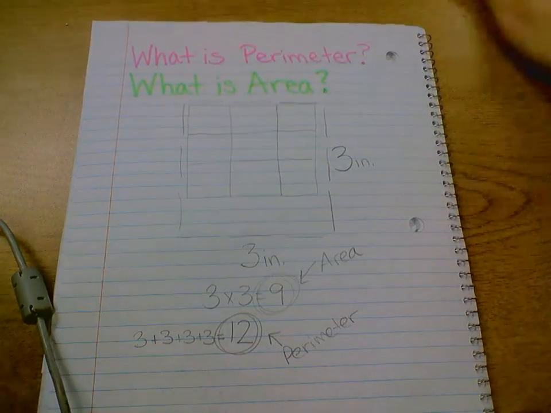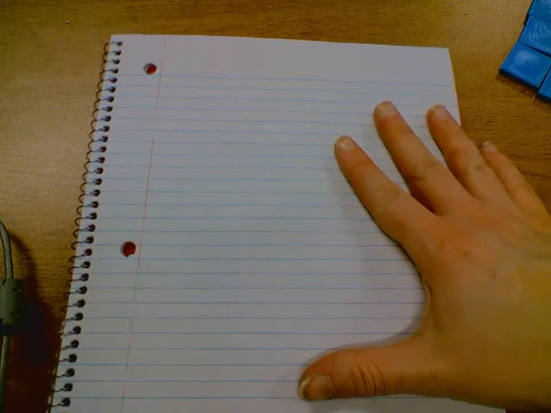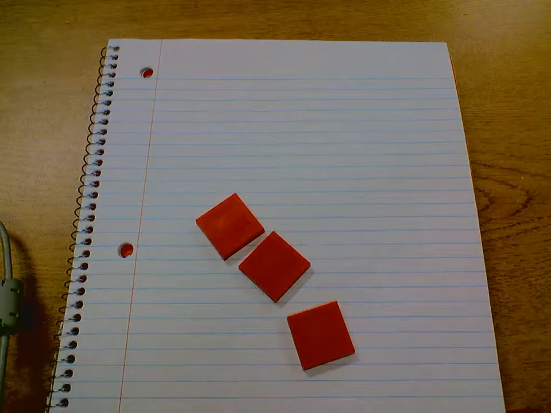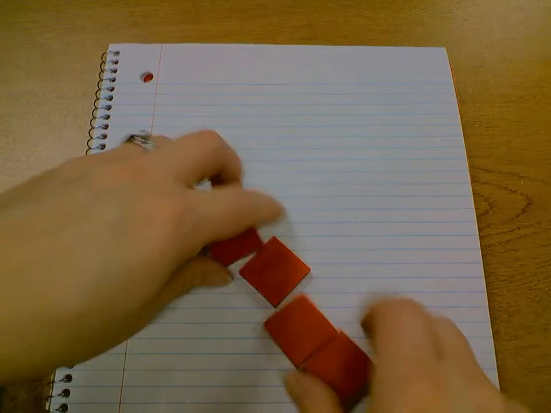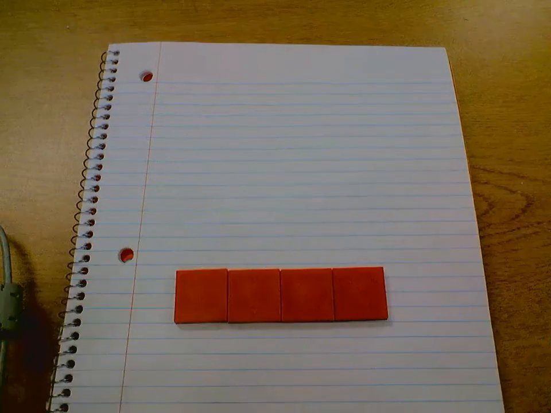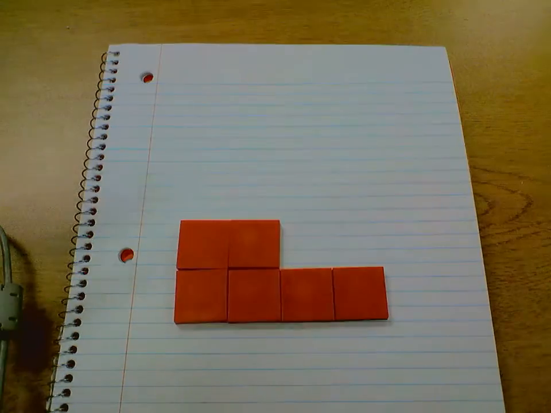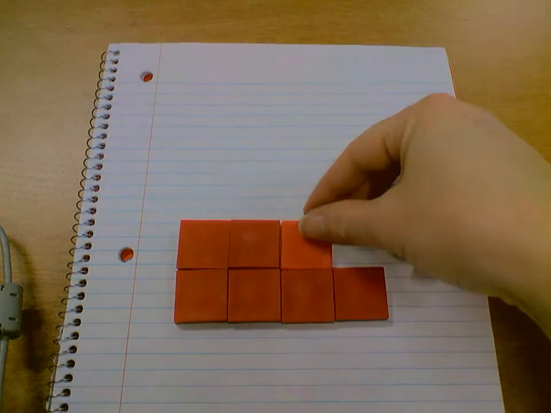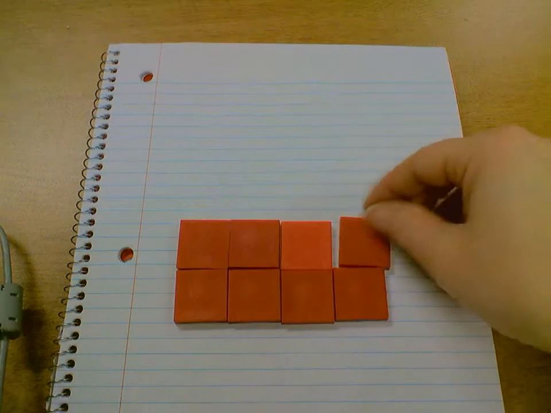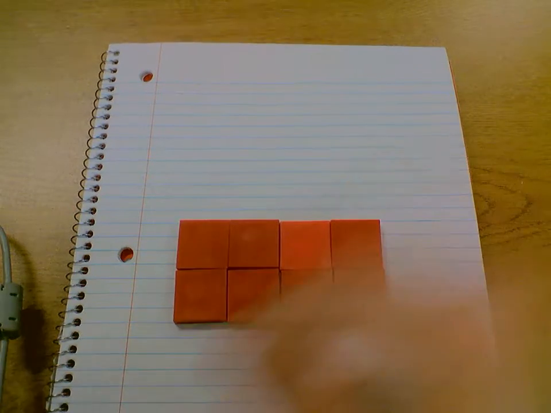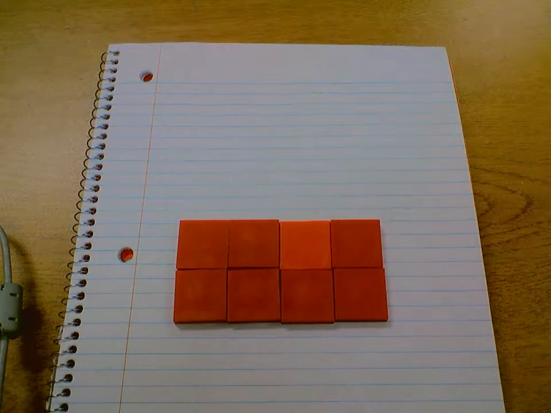I'm going to do an array. And again, you just watch and pay close attention and listen. All right, so this time I'm going to try to pull more out. Okay, there's 4. And as you're watching me build this array, I want you to be thinking about what array am I building? What by what?